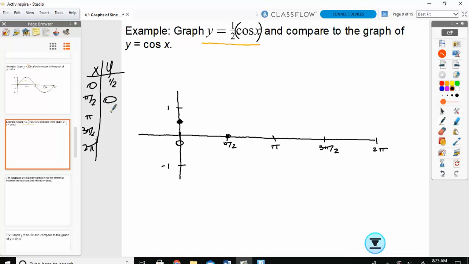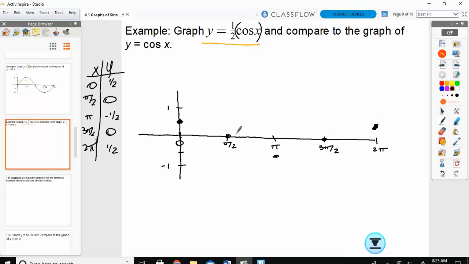At pi, cosine of pi is -1 times a half. Okay, so 3 pi over 2, cosine of 3 pi over 2 is 0, times 1/2 is still 0. And 2 pi is the same as where we started. Cosine of 2 pi is 1 times half is 1/2.